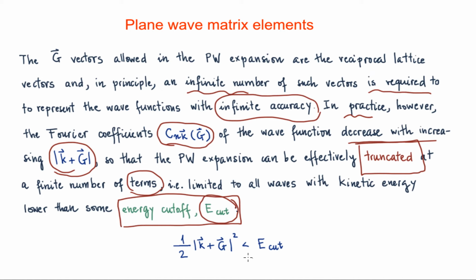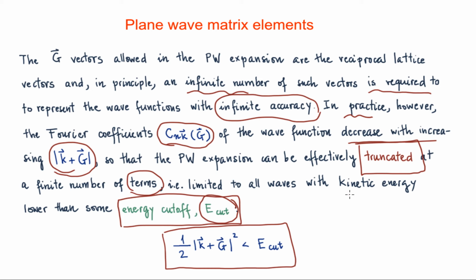The G vectors that you are going to include for each k are those for which the associated kinetic energy is lower than the energy cutoff you have considered for your numerical calculations. That's the typical way of truncating the infinite dimension matrices that you have for the Kohn-Sham equations.